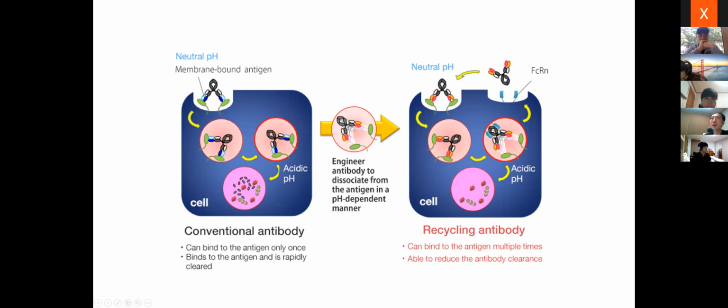So you can modify this antibody's binding. Neutral, they can bind. Acidic, it can release. Then this released part can be degraded. And this part can be recycled to go up. And this is recycling. If one antibody can be recycled, then maybe they can do the same job multiple times, maybe more efficiently.